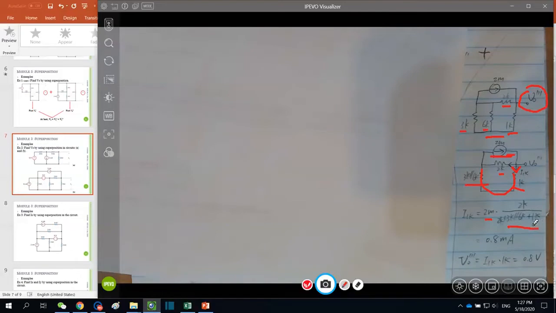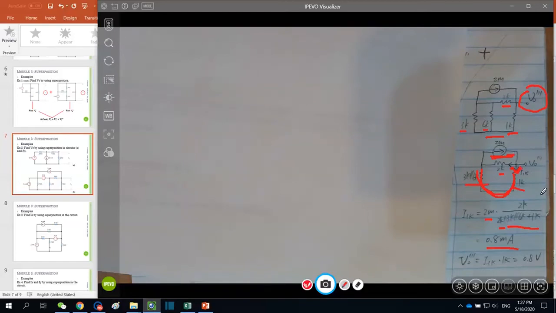The denominator is the 2K plus this branch's total resistance, which is 1K plus 3K parallel with 6K. So the current of the 1 kilo ohm is equal to 0.8 milliampere. And again, due to the current source direction, the 1 kilo ohm resistor current is downward.